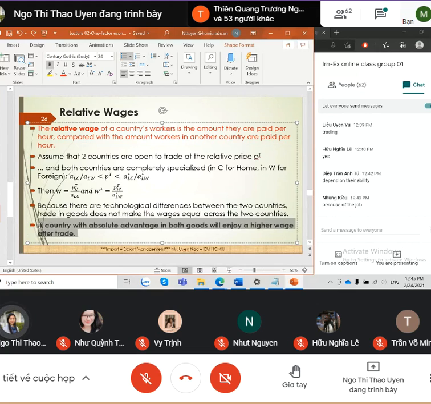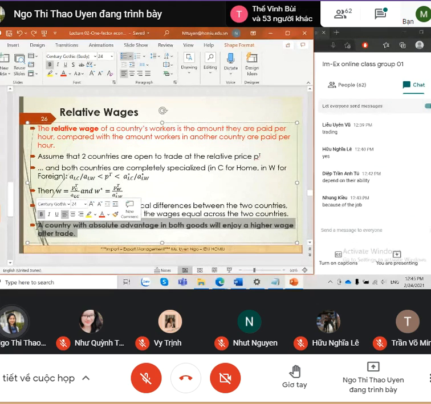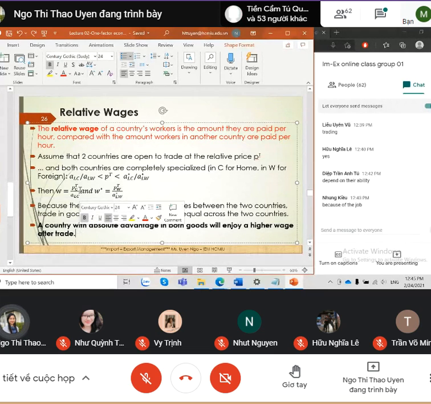Who can prove this statement by using the notation wage, price, unit labor requirement? You can raise your hand. I will give 2 to 3 minutes to think, and a bonus of 2 points for the midterm exam if any one of you can prove this by using the notation. 2 minutes starts.